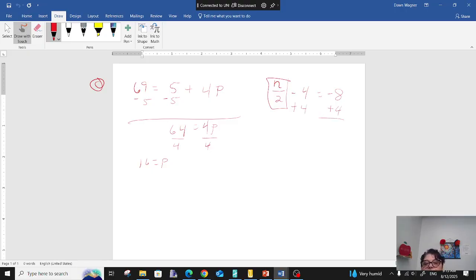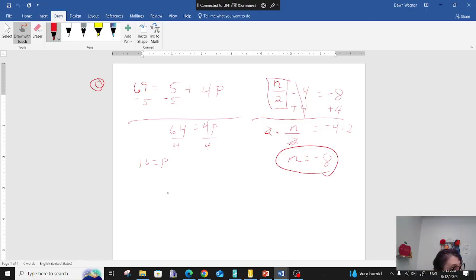When I add 4, I'm going to be careful because these signs are different. So you subtract, you keep the sign of the bigger number. So it should have been negative 4. This is n divided by 2. What's the inverse to division? Multiplication. So you're going to times by 2 on both sides. And you get n is equal to negative 8.